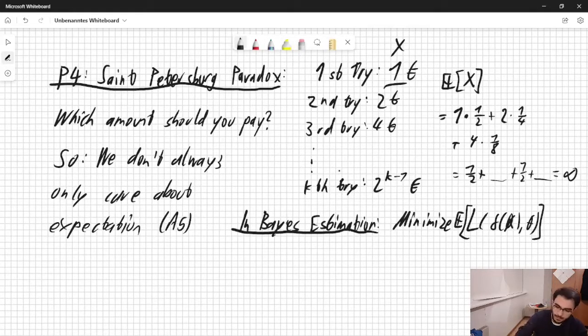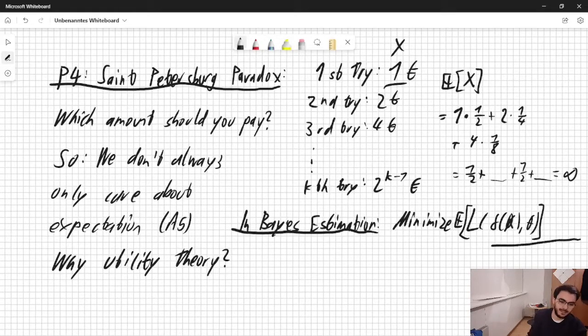Now, given that I've listed a lot of paradoxes, which are very famous, and all of them have Wikipedia articles behind them, why do we still want to minimize the expected loss? Or in other words, why do we care about utility theory? I want to start with the fact that it's perfectly valid to not like utility theory.